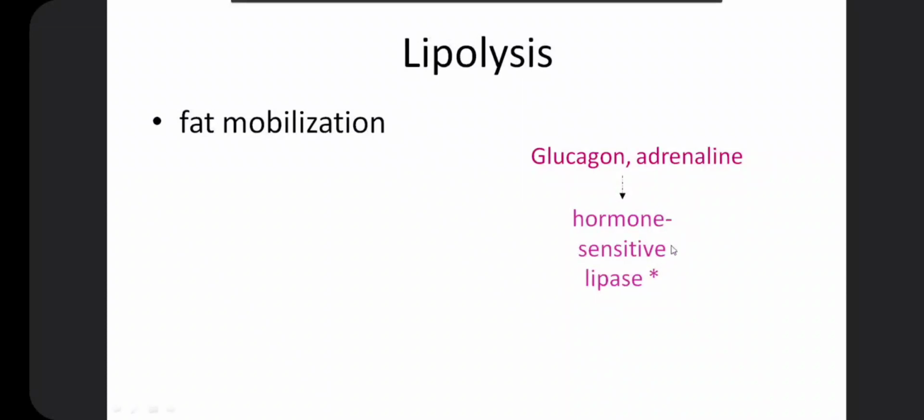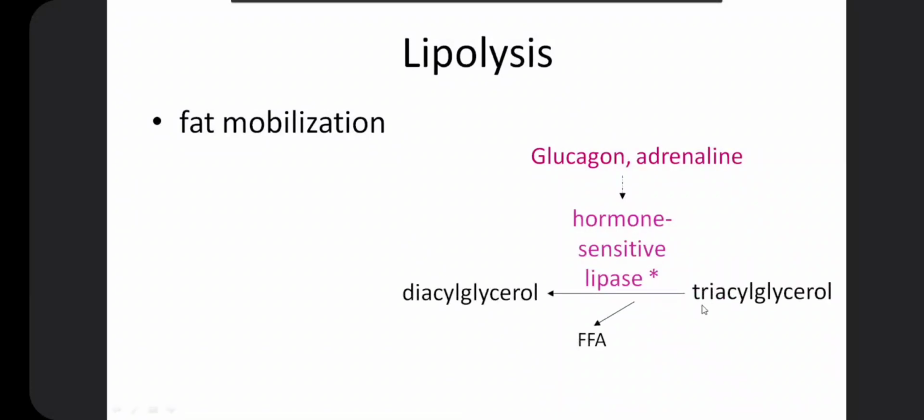This enzyme is the key enzyme in fat mobilization. So the triglyceride can be hydrolyzed by this hormone-sensitive lipase, releasing one molecule of free fatty acid and producing diacylglyceride.